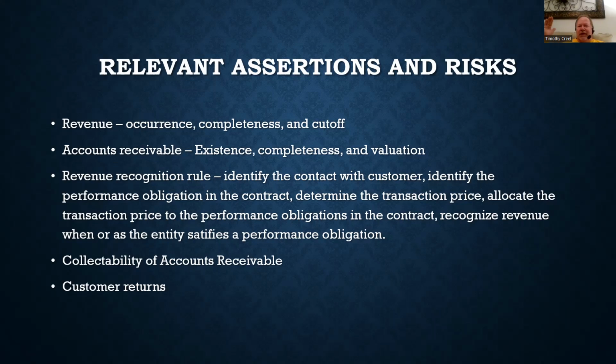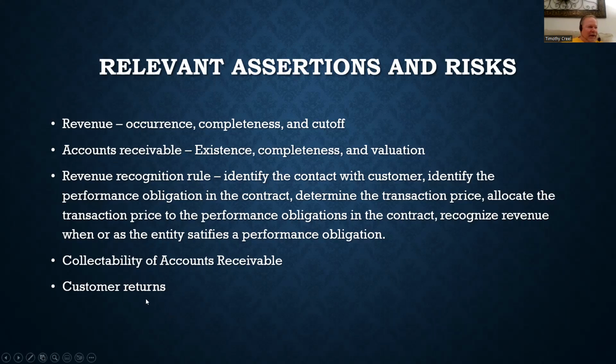And so if they had a lot of receivables over 90 days, you as the auditor might say, okay, isn't it time that you start writing some of these off? You can inquire as to that. And again, that's part of looking at the collectability of accounts receivable.